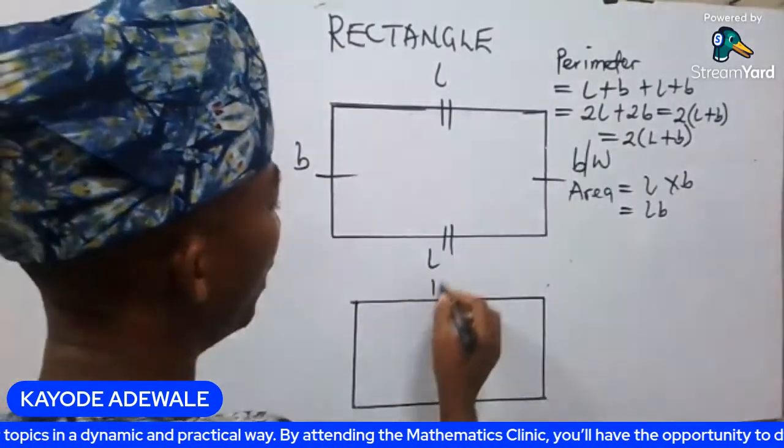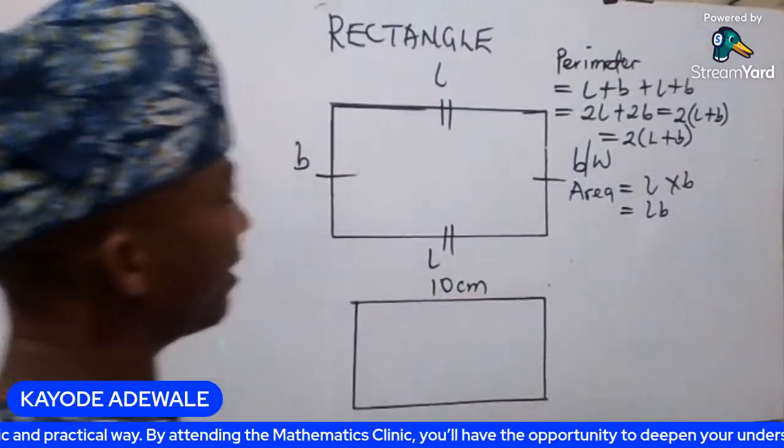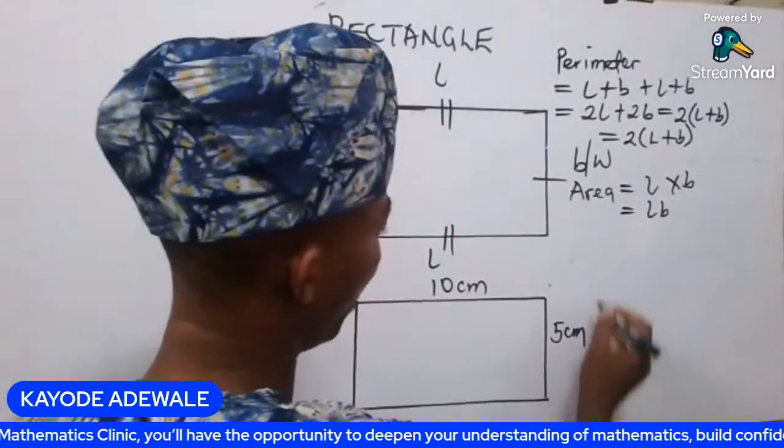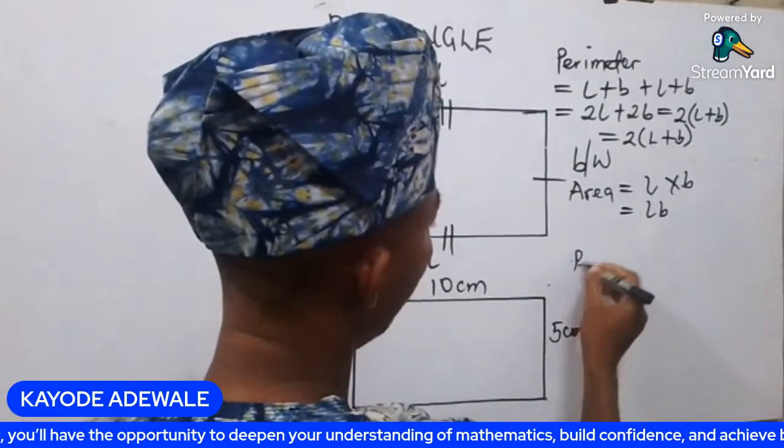If you have a rectangle 10 centimeters long and 5 centimeters for the breadth, we want to find the perimeter.